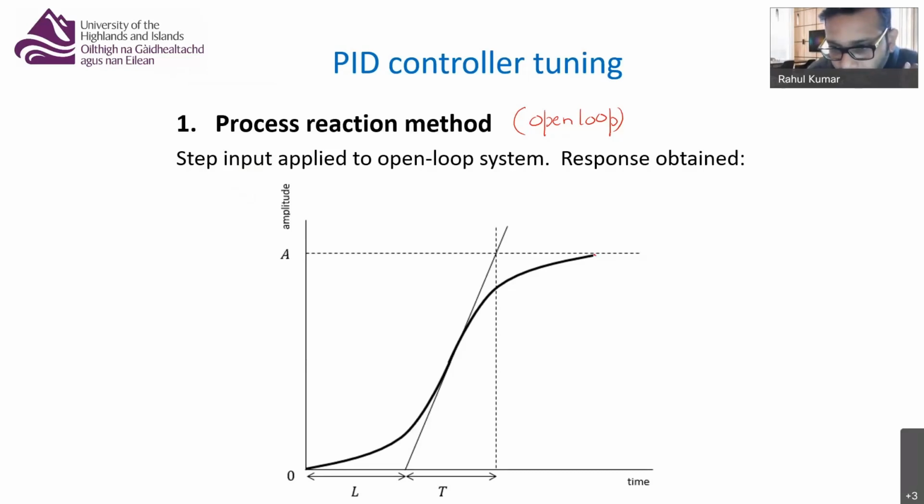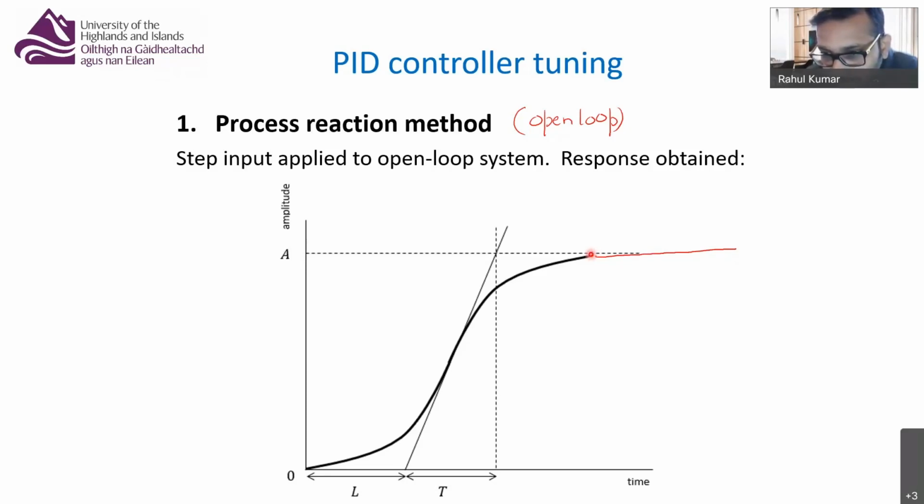So after this point, the output will be something like this, stable, right? So it will rise at the beginning in the transition region, and then finally after some time your output will get stable. Okay, so after this point the output is stable, or the response is stable.